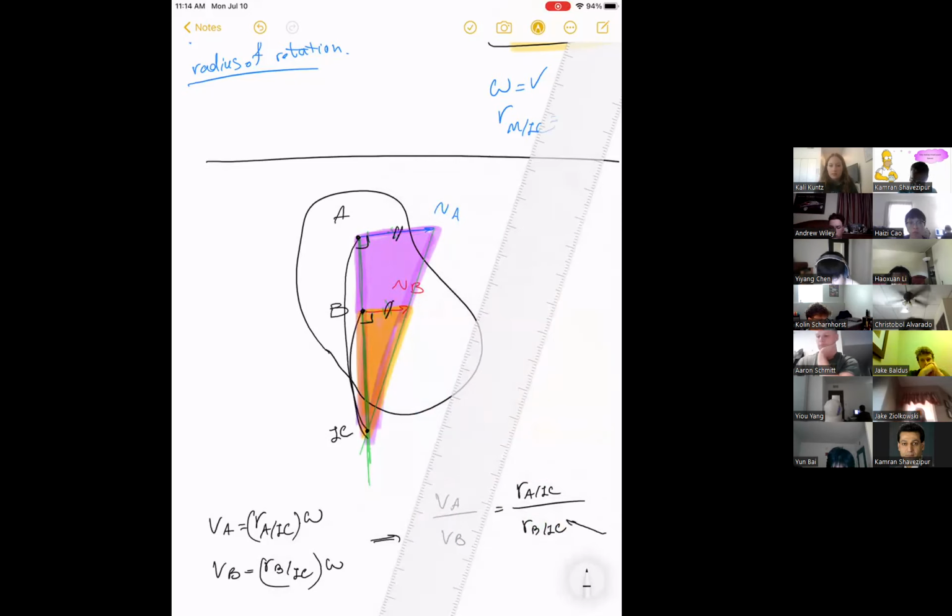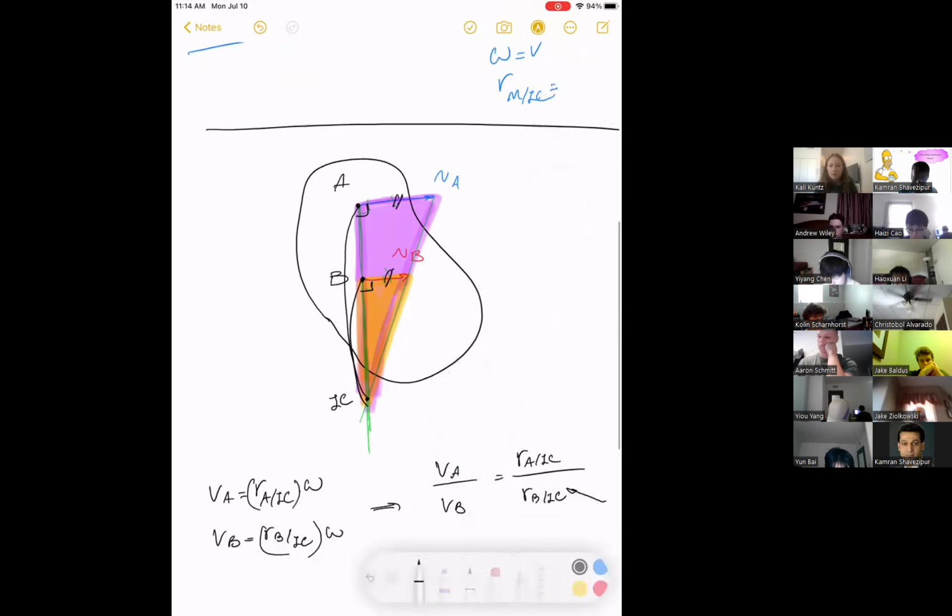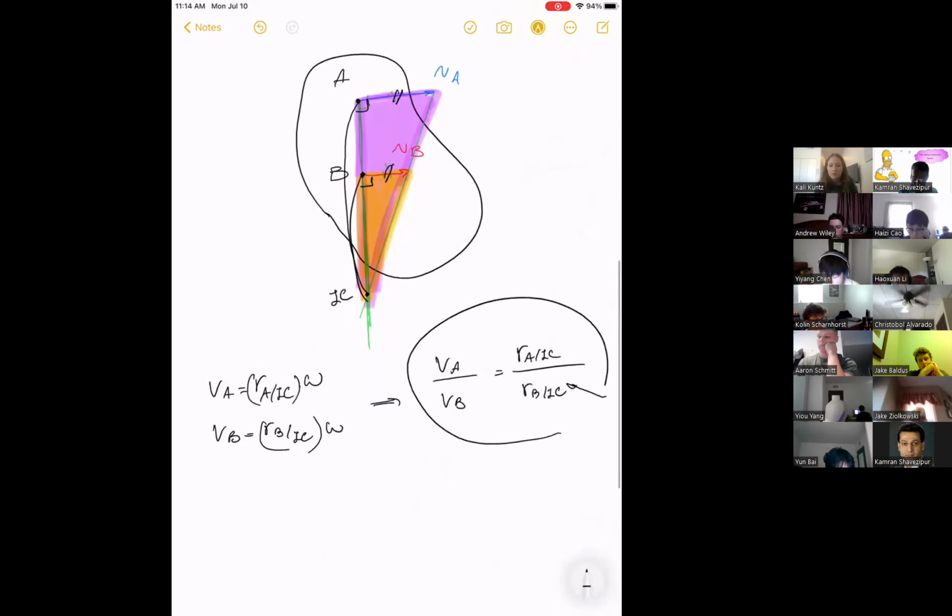And that's what we have. So we kind of go backward from this ratio. We create the two similar triangles and find IC.